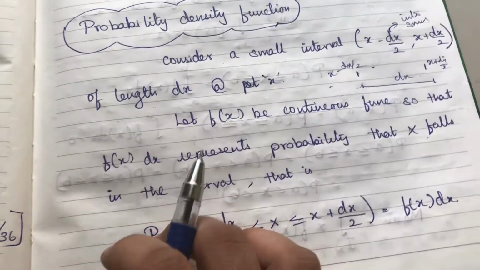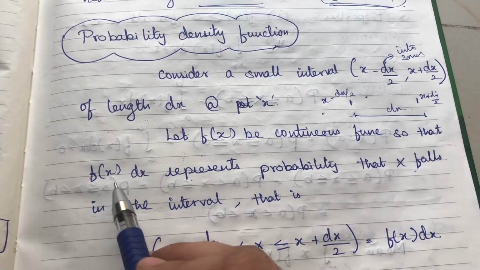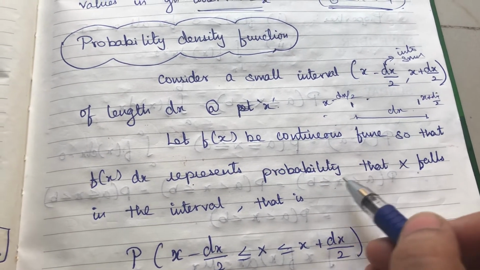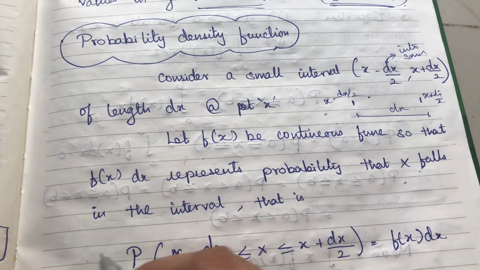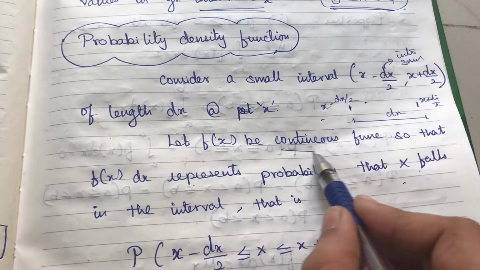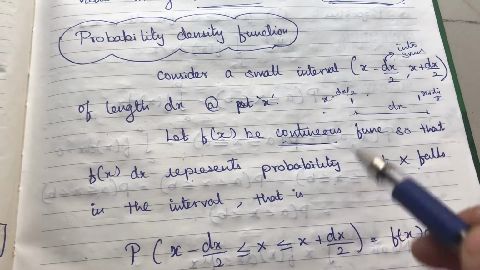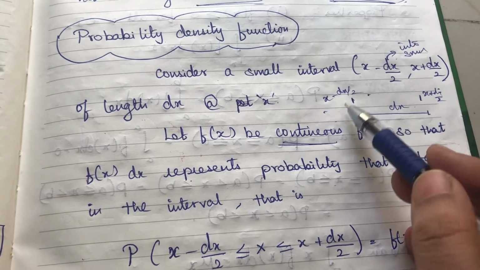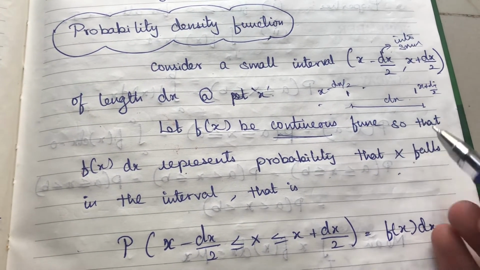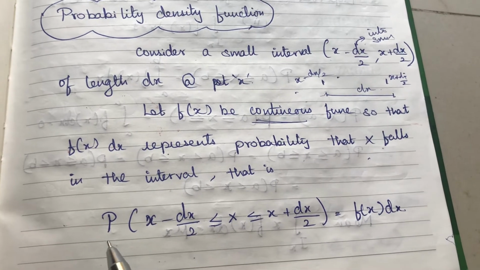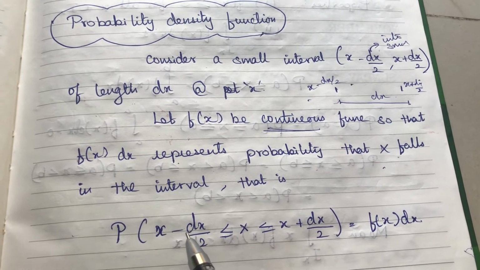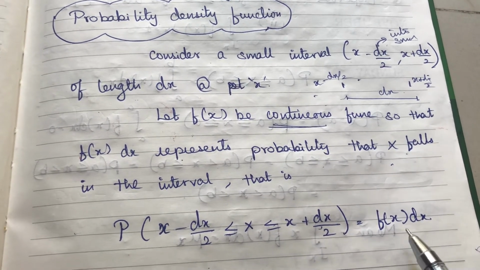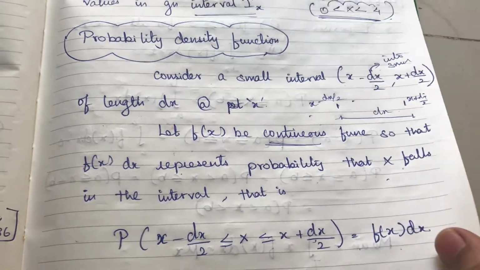Let f of x be a continuous function, so that f of x into dx represents the probability that x falls inside the interval. Being continuous means the integral should take all the values inside this dx, from the lower limit to the upper limit, which equals f of x into dx.